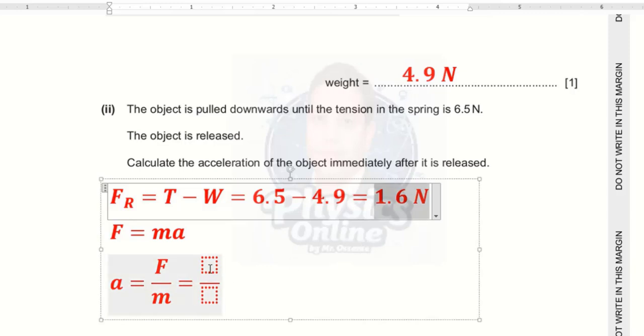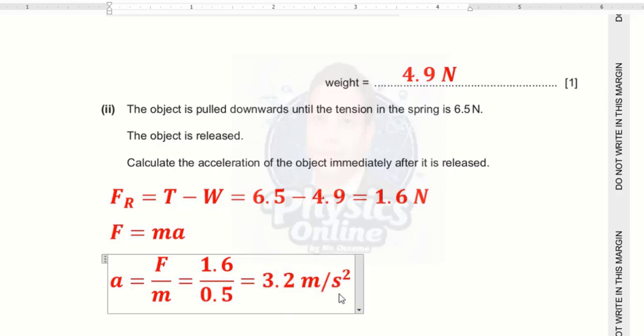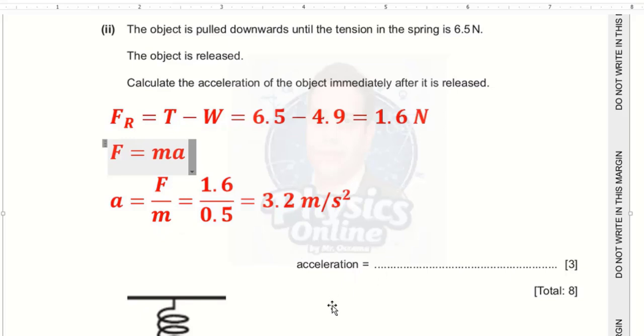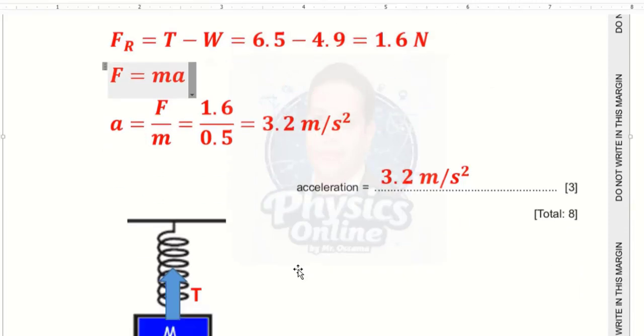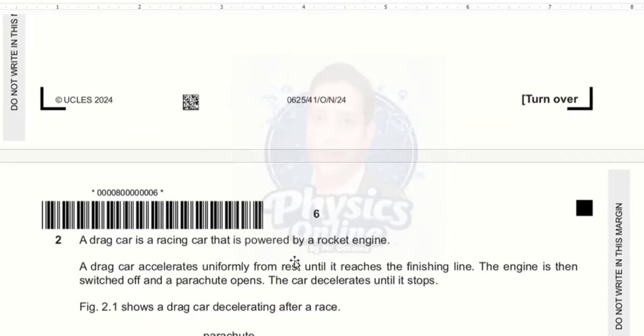So we write here force 1.6 divided by the mass 0.5 gives you 3.2, the acceleration, and the unit of course meter per second squared. Final answer 3.2 meter per second squared.